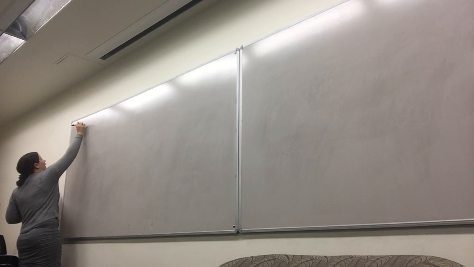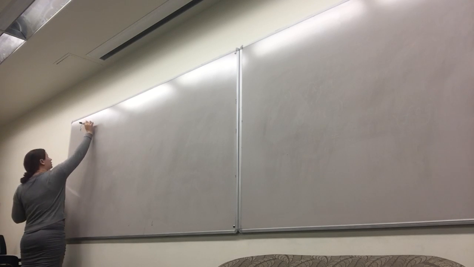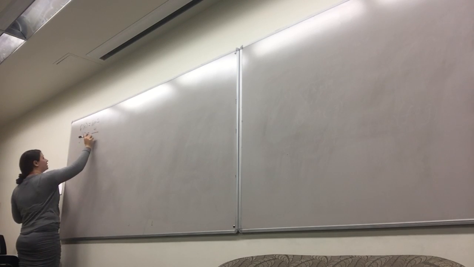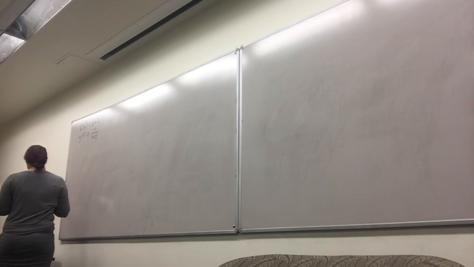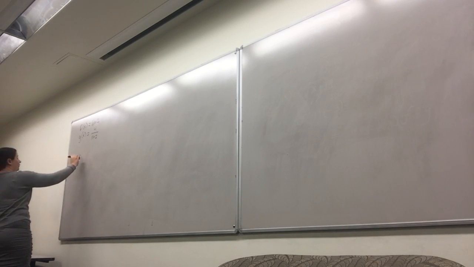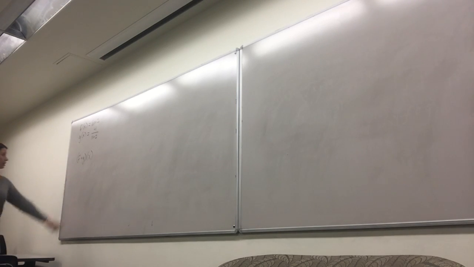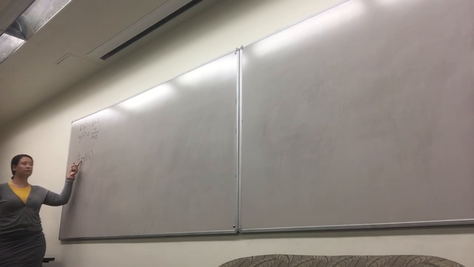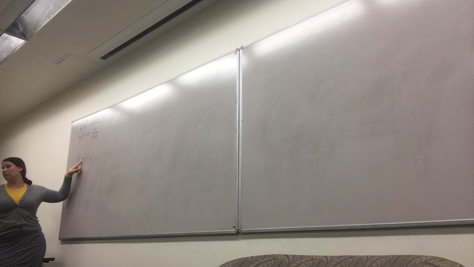So if we have f of x equal to 6x plus 2 and g of x equal to 4 over x plus 2, we're going to find f of g of x. So what does that mean again? Well, is this multiplication?